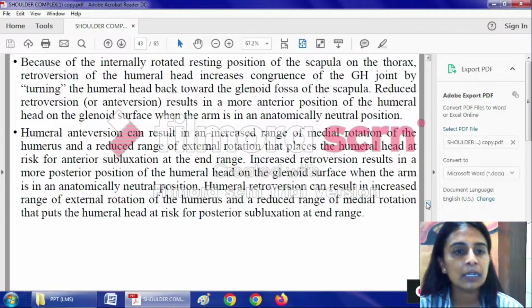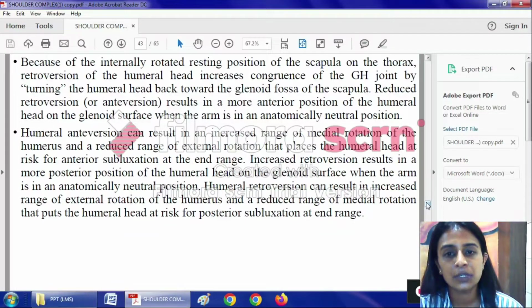Because of the internally rotated resting position of the scapula on the thorax, retroversion of the humeral head increases congruence of the GH joint by turning the humeral head backward toward the glenoid fossa of the scapula. Reduced retroversion results in a more anterior position of the humeral head on the glenoid surface when the arm is in an anatomical neutral position.